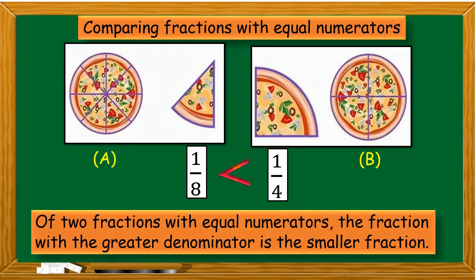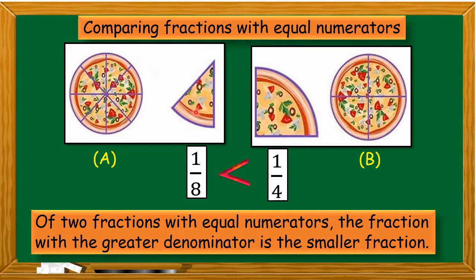Let us learn to compare fractions with equal numerators. Look at this figure A and figure B. You can see two pizzas of same size in figure A and in figure B. In figure A, the entire pizza is divided into 8 equal parts, and you can see one part here.